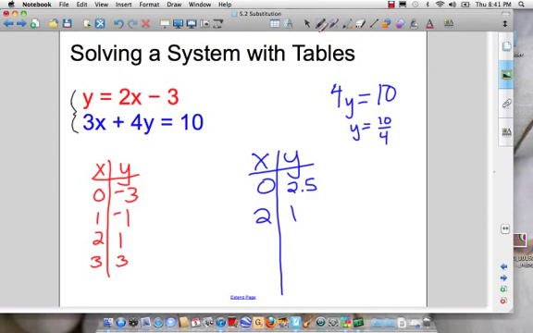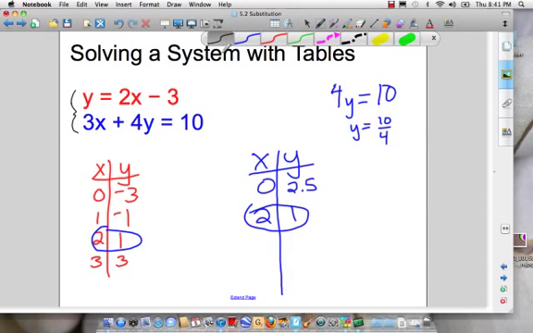And I'm going to go ahead and stop the table there, because notice that 2, 1 is on both tables. So that means the solution to this system is 2, 1.